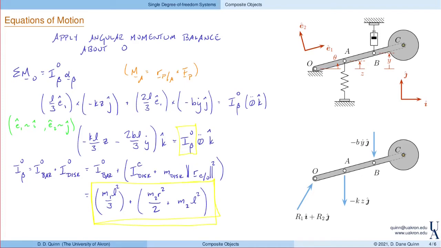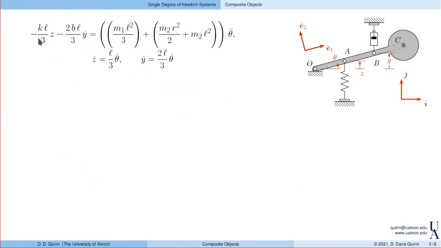We have angular momentum balance applied. And from our previous work with the kinematics, we can relate Z and Y and theta. So here it is again. This was angular momentum balance that I've just rewritten from the previous slide. And then these are my coordinate relations that I developed when I was talking about the kinematics. So let's just combine all this and write this in terms of the angle of rotation, theta.